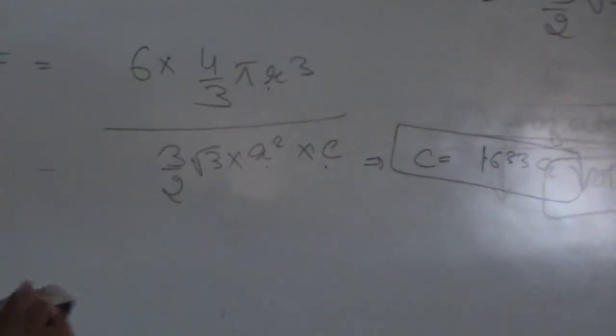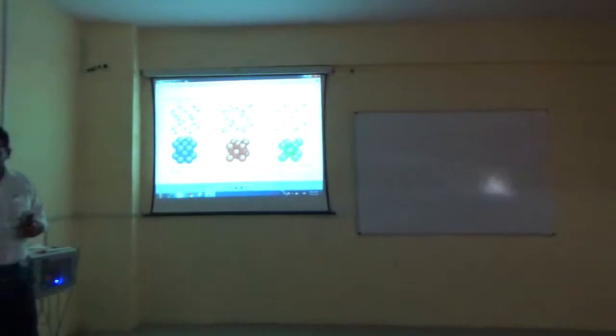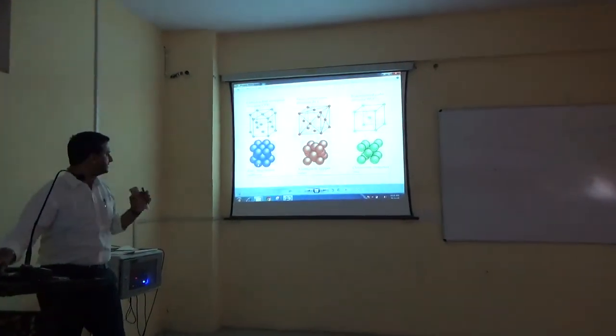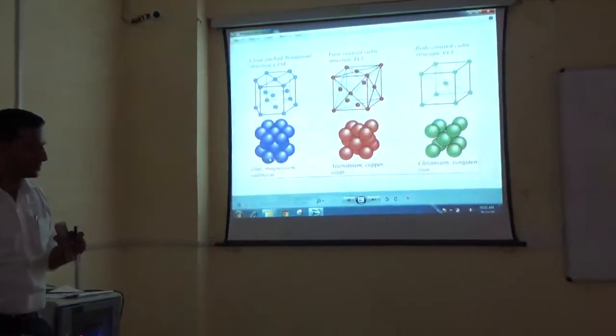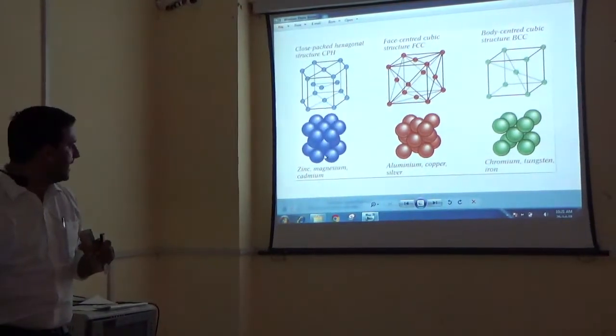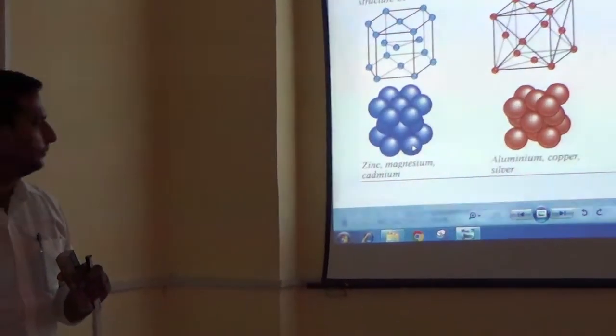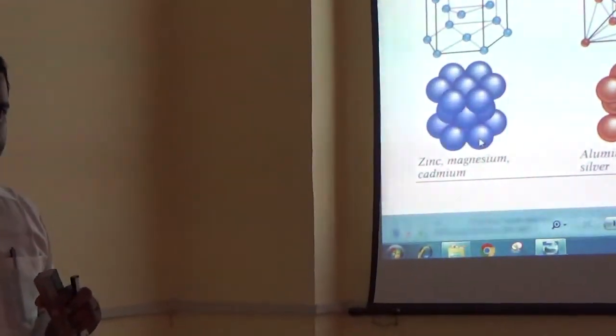Okay. So this is the actual hexagonal close packed structure, and as we see, these atoms are touching each other. A is the distance between the centers of these two atoms.